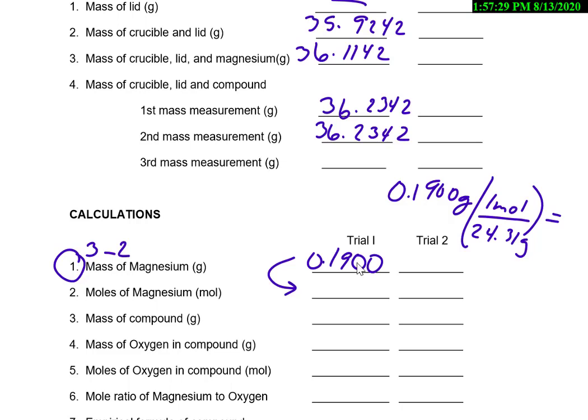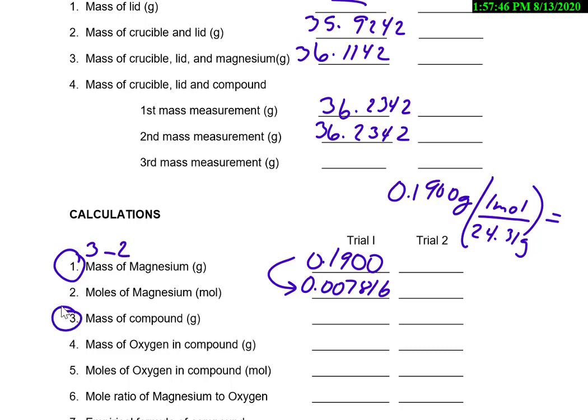We started with 4 sig figs here, so now that we're dividing and multiplying, we want to keep with our sig figs. So here I'm getting 0.007816. I kept all 4 significant figures to get the moles of magnesium.